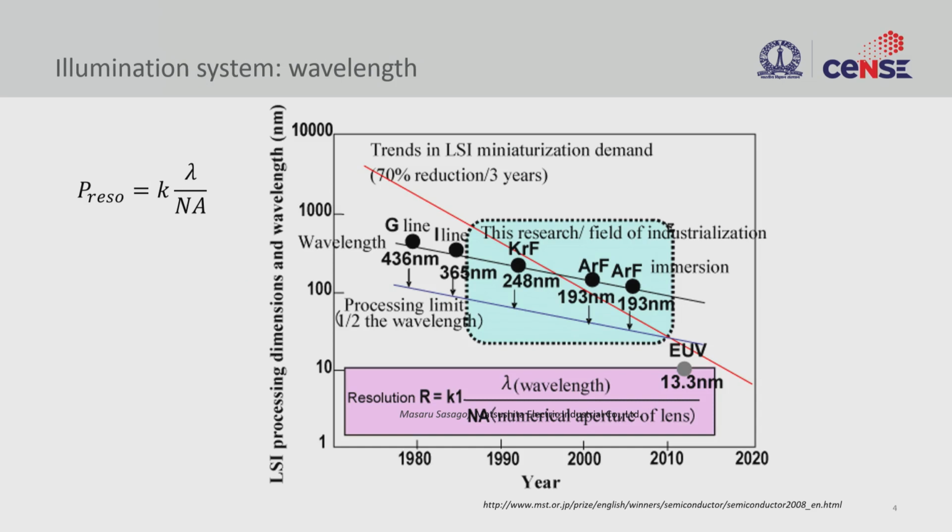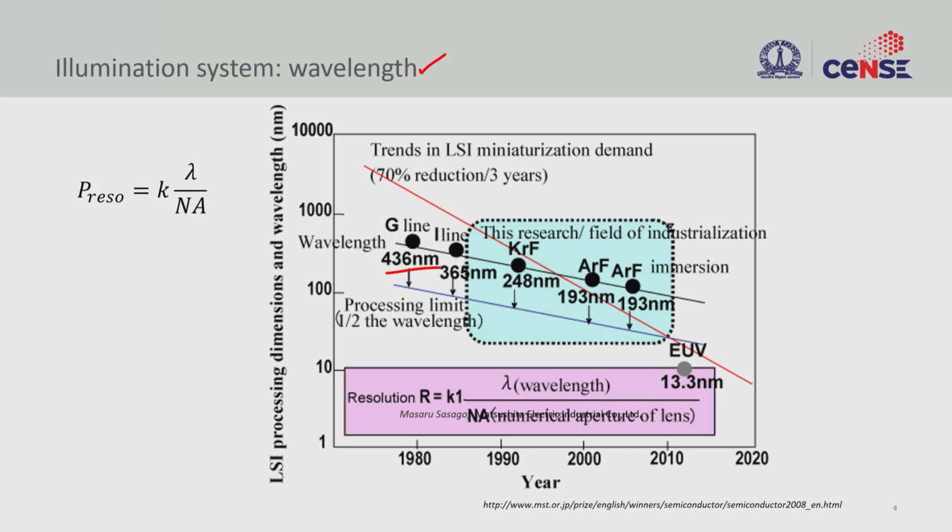The first thing is the illumination system, primarily looking at the light source. In this case, wavelength. So over the years, we know that we have been reducing the size of the transistors, and this image actually captures how we are achieving this by reducing the wavelength. So we started with some UV illumination.